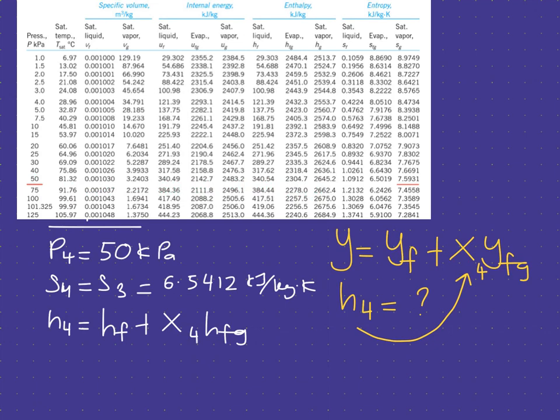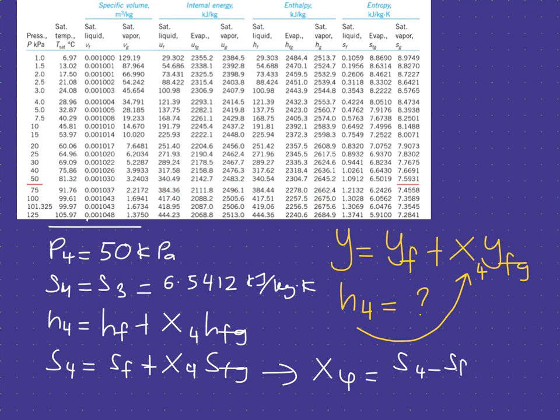So x4 can be obtained from S4, where S4 is equal to sf plus x4 sfg. We rearrange this equation, and it gives you x4 is equal to S4 minus sf, over sfg.